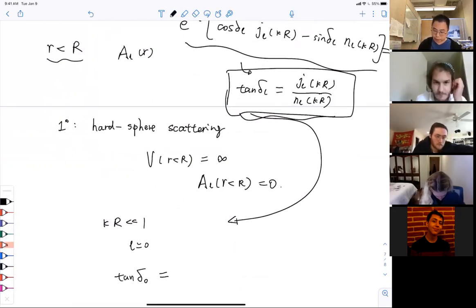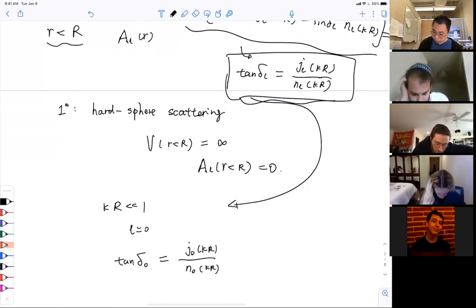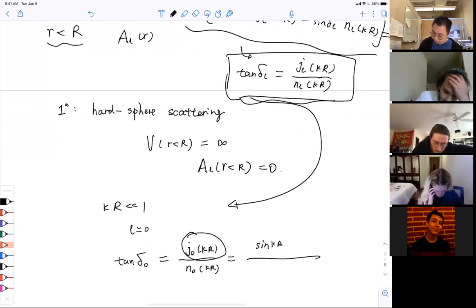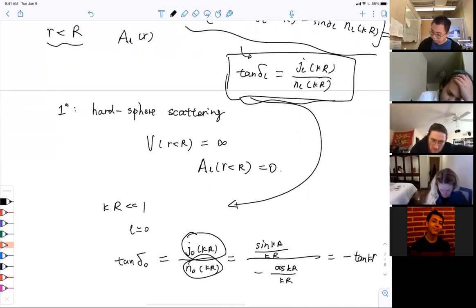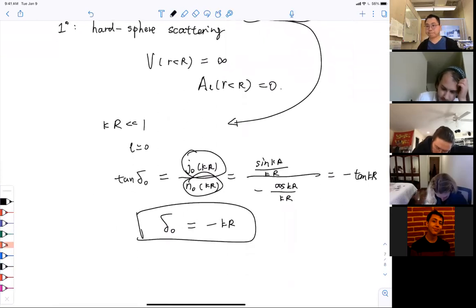This is very common, right? Then J0(KR) and N0(KR). Remember the expression, this guy is sine KR divided by KR. This guy is minus cosine KR divided by KR, which is minus one times KR. Therefore, delta 0 equal to minus KR. Oh, that's a much simpler result than what we were doing.